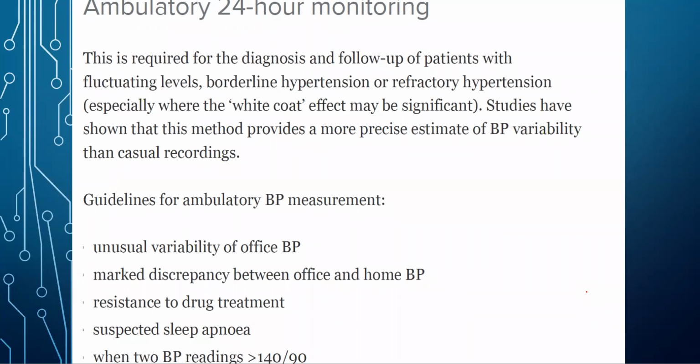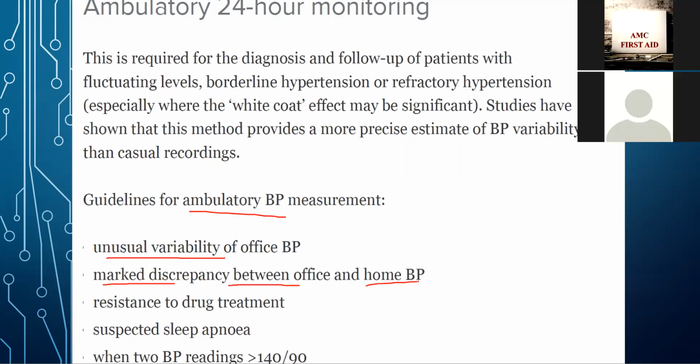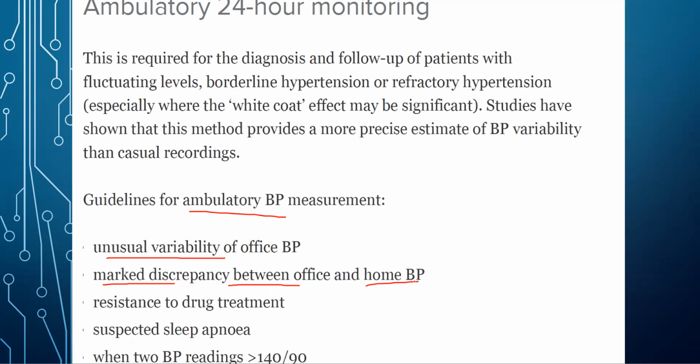Depending on that, we can see if there is any other thing which can increase this blood pressure, or how the average blood pressure is for this patient. Now, not every patient will get it. What are the guidelines for using ambulatory BP monitoring? If you get unusual variability of the blood pressure, just like I said, marked discrepancy between office and home BP. Some patients get high blood pressure in clinic.